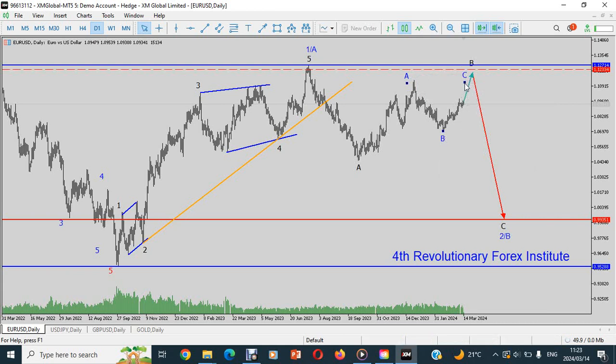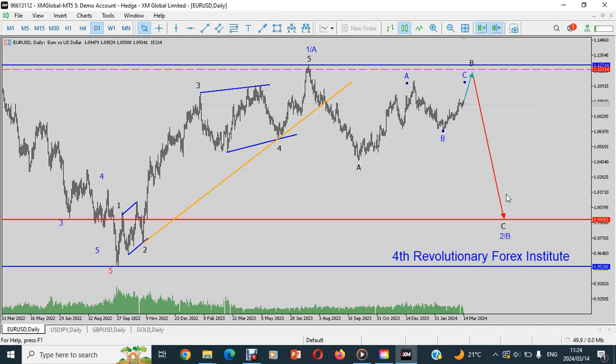Now we're expecting the market to climb up around 1.12334. We are expecting the market to rally up to this area, and if we see any possible bearish pattern around this area, then we can execute a bearish trade.